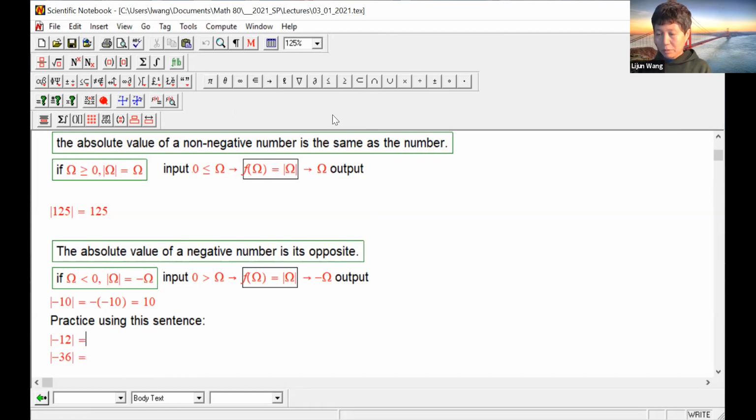I just picked some random examples, but I want you to use the sentence. Don't give me 12, give me: the absolute value of a negative number is its opposite. It is negative 12. Its opposite is negative of negative 12. That's what we meant by its opposite. Do you follow me?